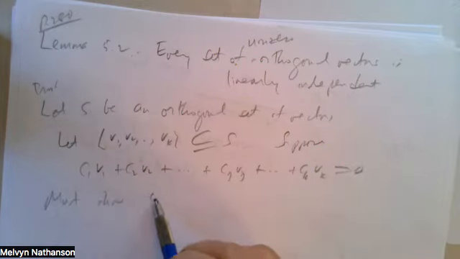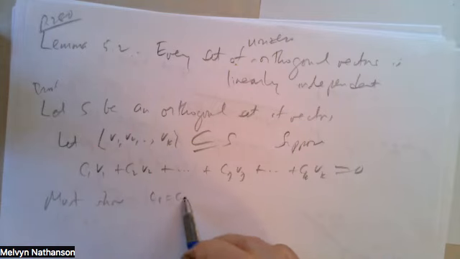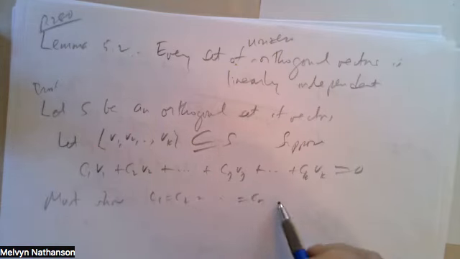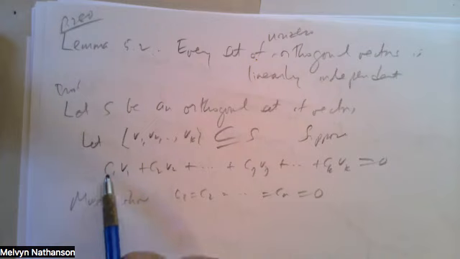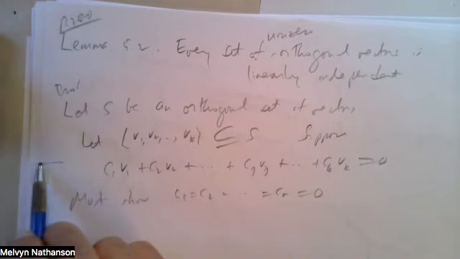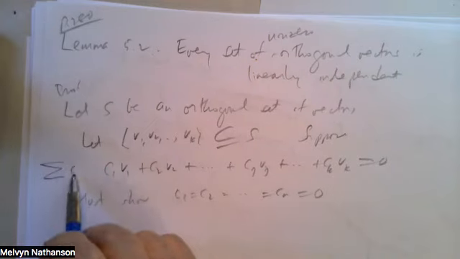I have to show that C1, C2, all of these scalars are 0. And I can do that using the fact that these vectors are orthogonal. So, just to make the notation more concise, using sigma notation, this is the summation of Cj Vj, j goes from 1 up to n.